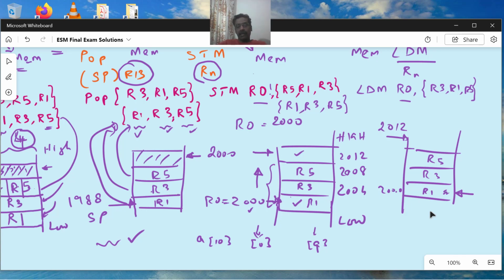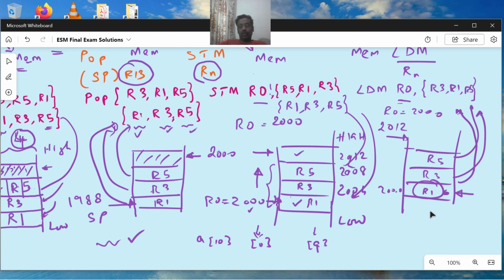It's always the same address that is given. You are giving the same address 2000 here, and here also you are giving 2000 and then asking it to load from the memory into the register. Now what does it do? The lowest memory address content will come to R1. Then the arrow mark is like this, whereas STM is from the register to memory.